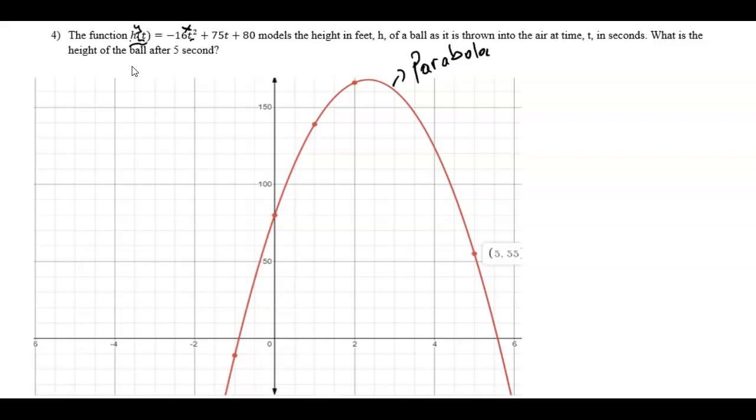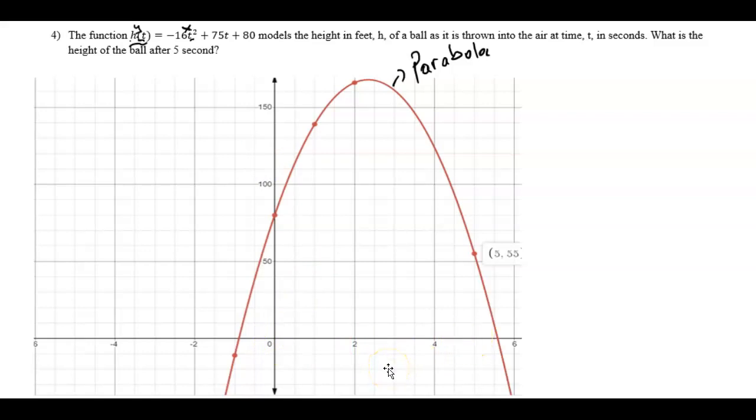So we need to find out what the height is after 5 seconds. That's 0 seconds, 2 seconds, 4 seconds, and 5 seconds is somewhere around here.